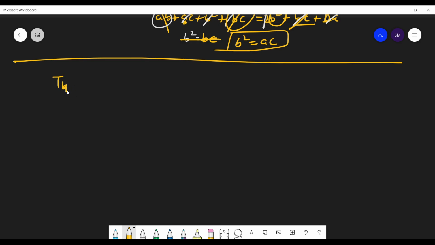The fourth term of an HP is 3 by 5 and the 8th term is 1 by 3. Then find the 6th term. You know that until you change it into AP you cannot do anything.